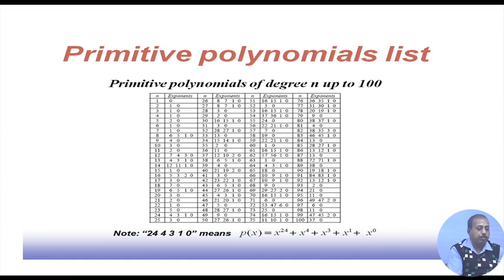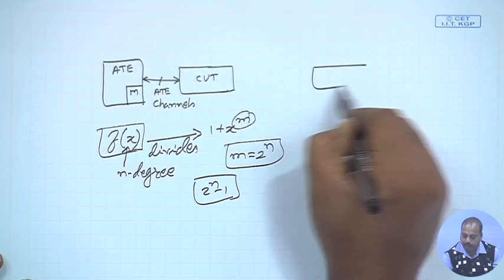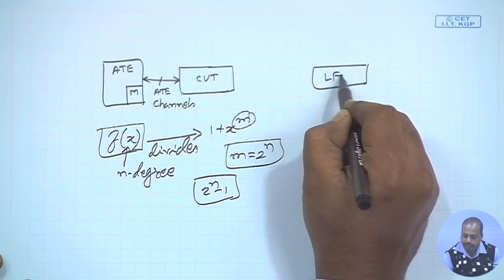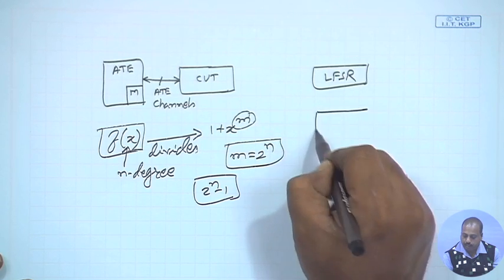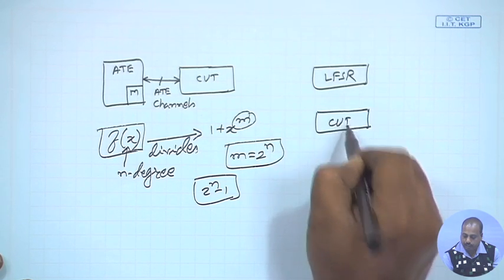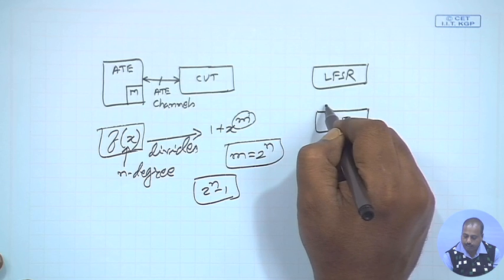So, for our purpose, whatever polynomial we need, if I have this LFSR acting as the test pattern generator, and we have to feed it to some circuit, and this circuit has, say, 100 inputs.